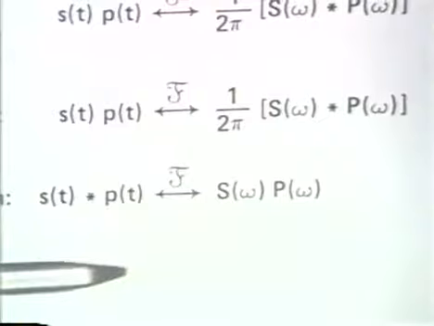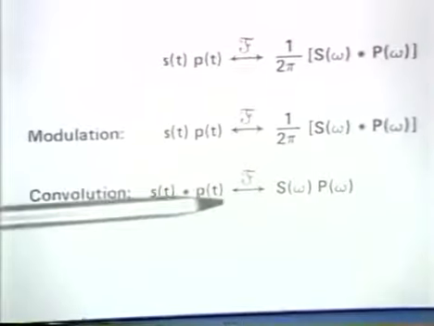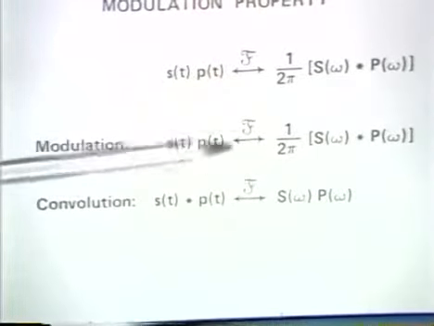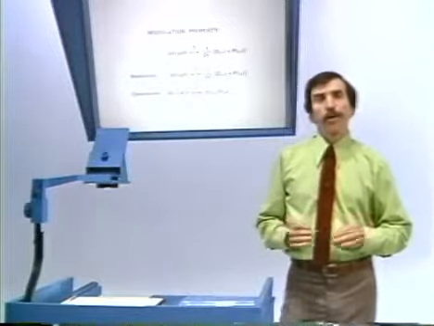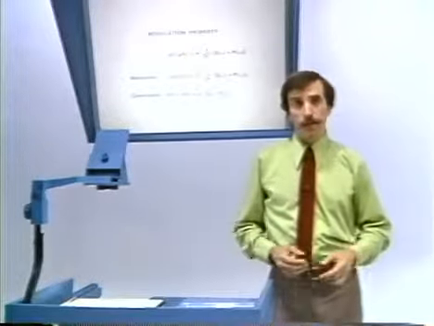The convolution property is the basis, as I indicated, for filtering. The modulation property, as I've summarized it here, in fact is the entire basis for amplitude modulation systems, used almost universally in communications.